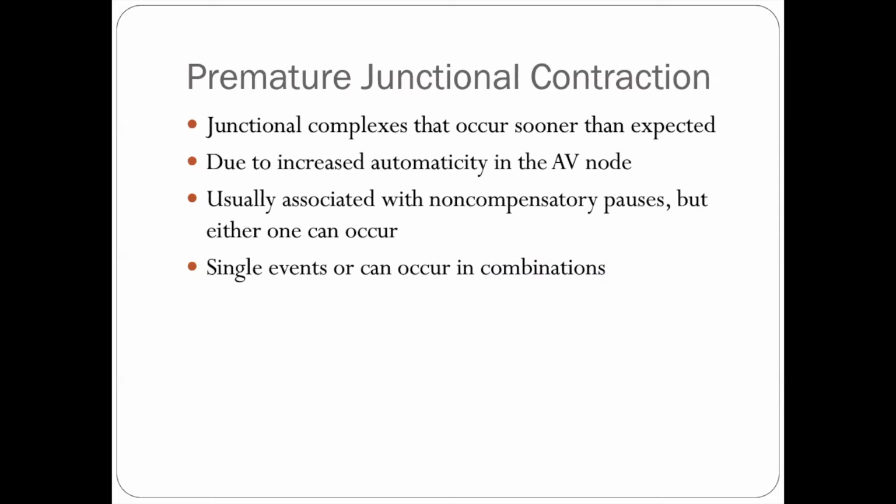And they can be in combinations or they can be single. So when I say associated with non-compensatory pauses, that's because it's coming at a time frame that the junction usually gets control over the SA node during its own depolarization, and therefore the next beat comes out of time.